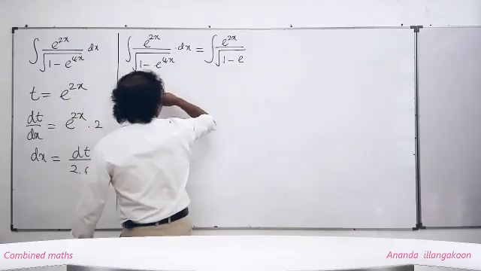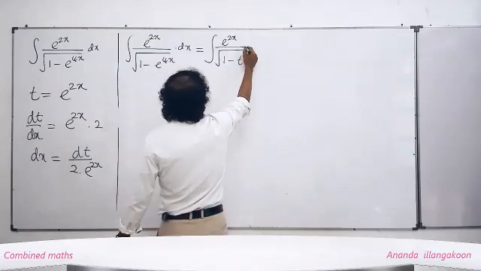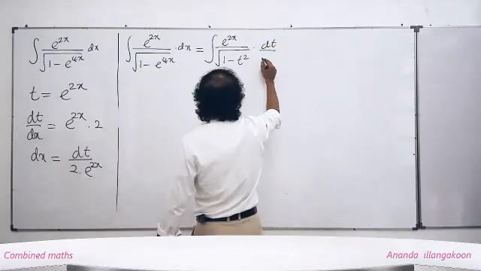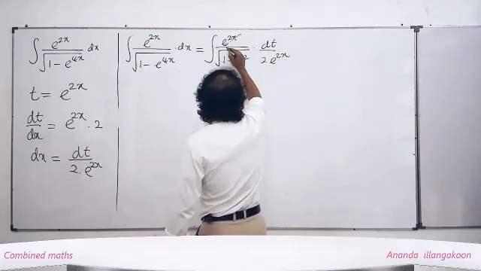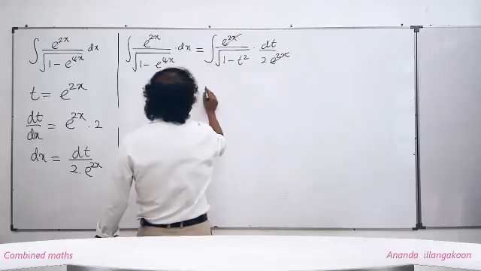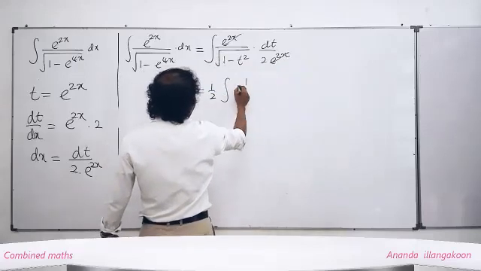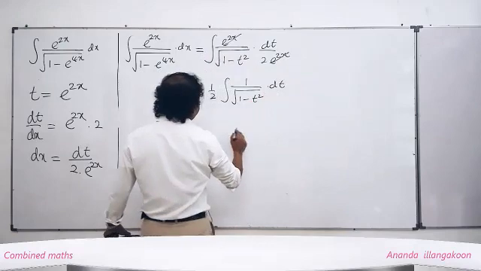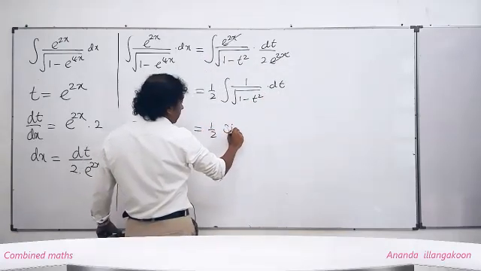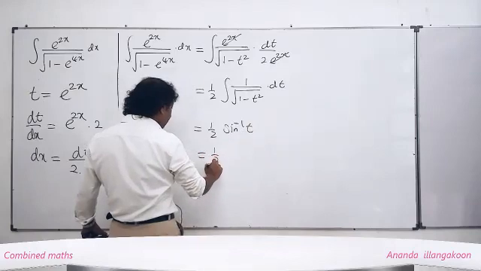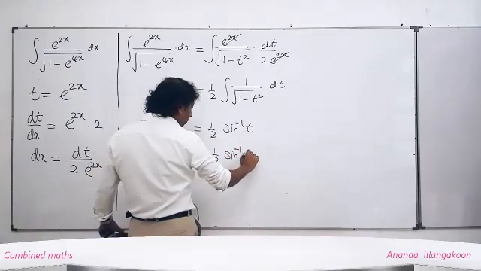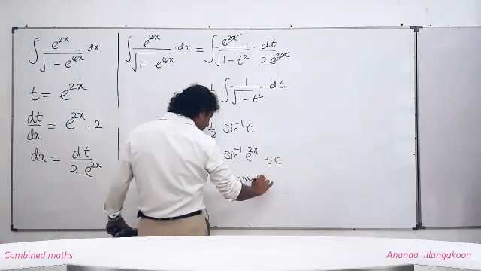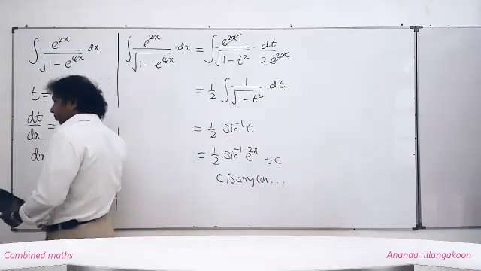And that is t squared, no? dx is dt upon 2e to the power 2x. This 2 can cancel down, and this 2 comes here as half. This way, we can determine the suitable substitutions, right? Sine inverse t, t is e to the power 2x, plus c, where c is any constant. Like that we get.